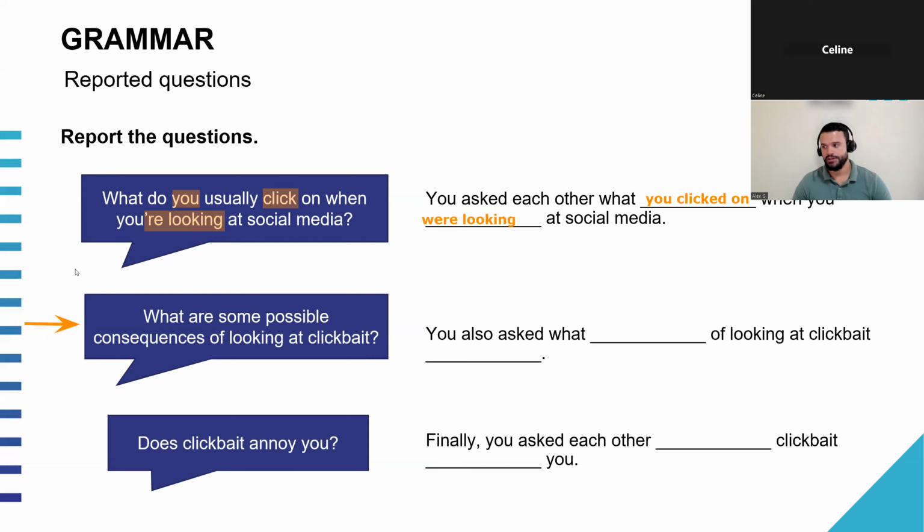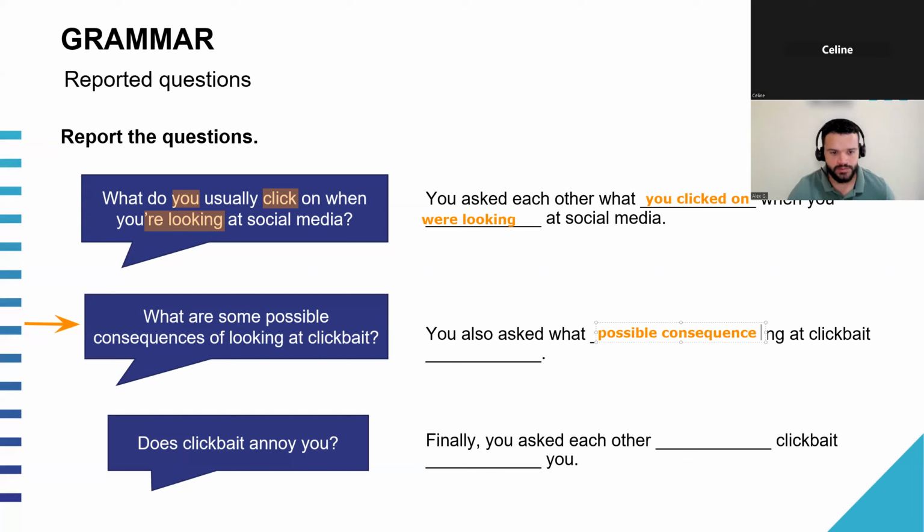What about this one here? How can we complete this one? Go ahead and read this one. The subject is some possible consequence. Sorry, Celine. You asked what? What possible consequence? Consequences, plural.